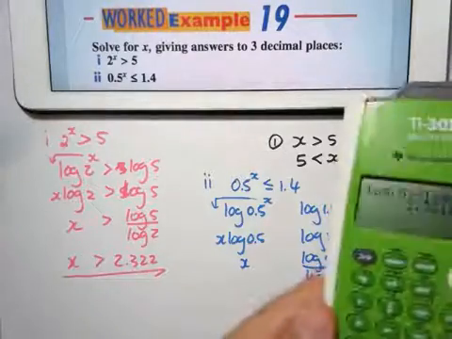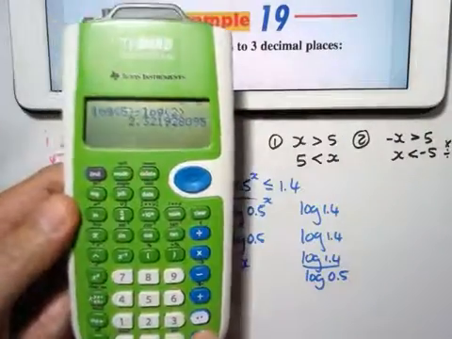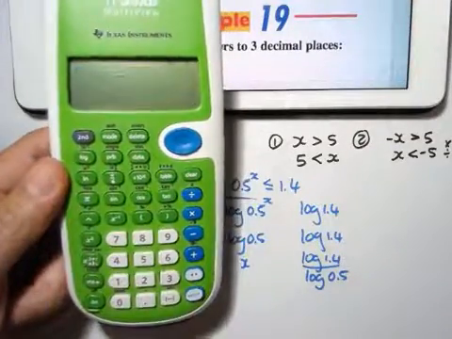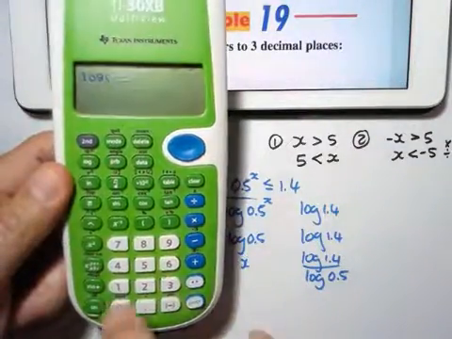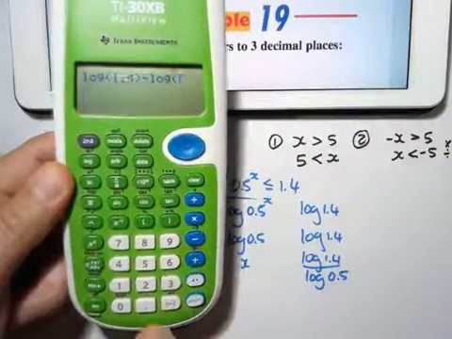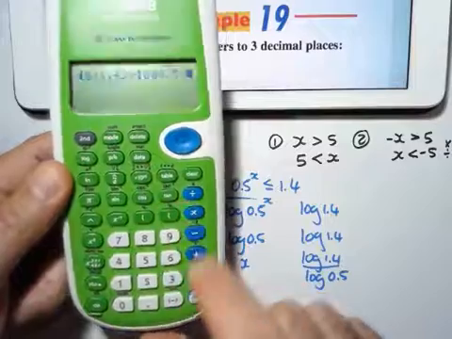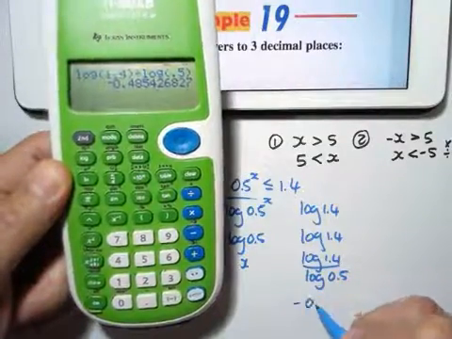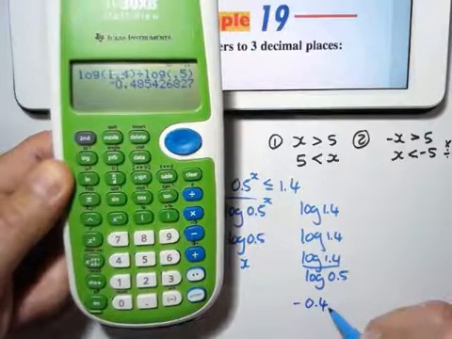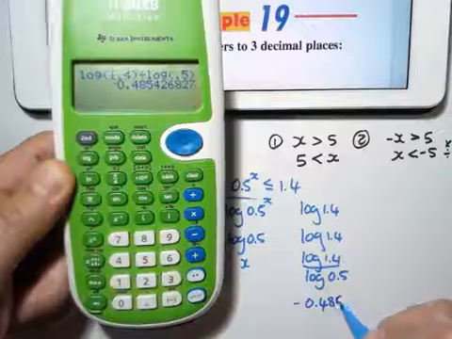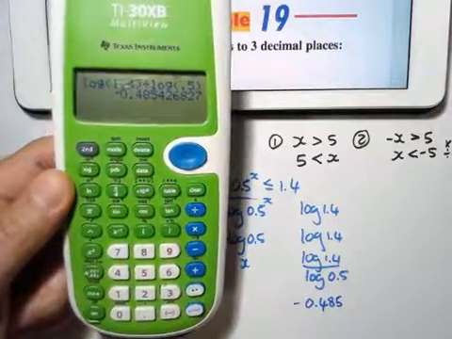I do that on my calculator. Enter, clear, okay. Log 1.4 divided by log 0.5, close bracket, enter. Now the answer is negative 0.485, to 3 decimal places.